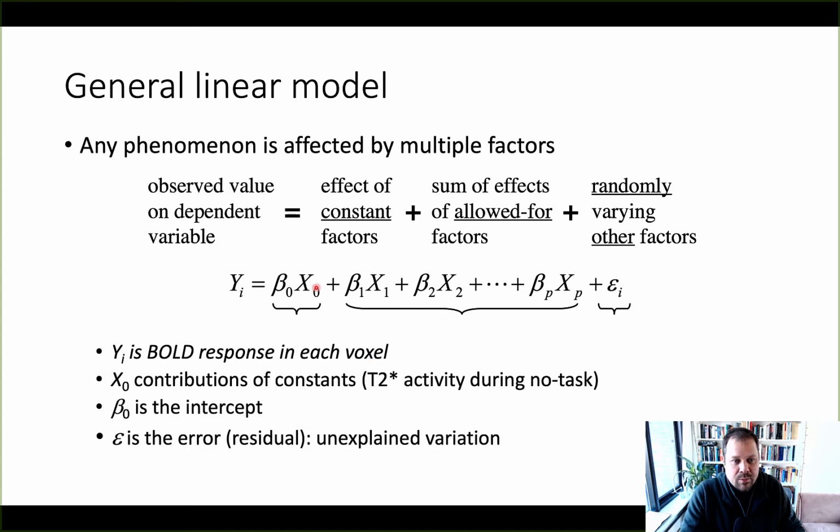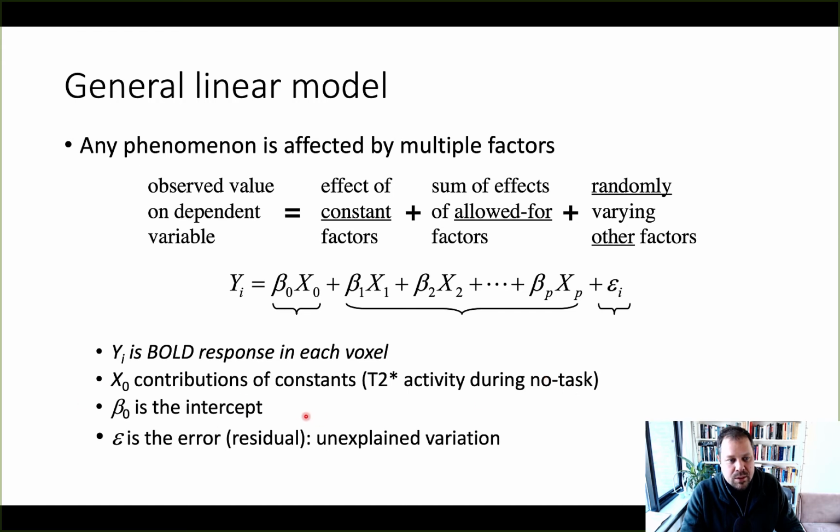Then the x sub 0 here is the effect of constant factors. So the contributions of constants, it's our intercept, as you might know it better from behavioral data analyses. In our case, for instance, one contributor to this effect is the T2* effect, activity during no task.